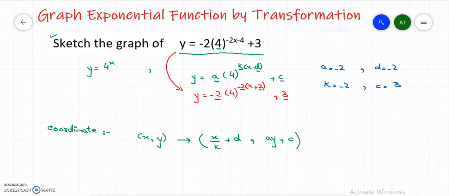Let me substitute the values of a, k, d and c. So (x, y) changes to (x over negative 2 plus negative 2, negative 2y plus 3). Let me take a table of values.